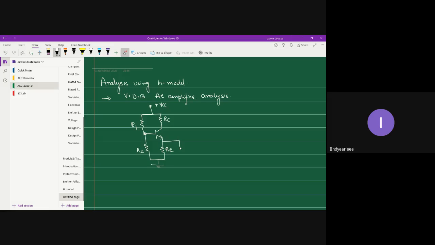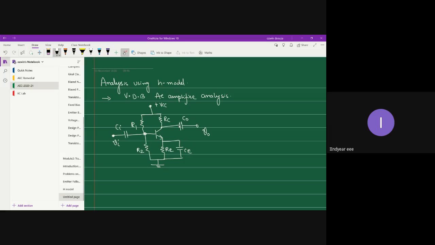Okay, so it's the bypass capacitor, which provides a low resistance path for the AC signals, followed by the two coupling capacitors. One is found in the input circuit, and the other is found in the output circuit. This is Vi, and this is V0. Okay, fine. So this is your voltage divider bias AC amplifier.